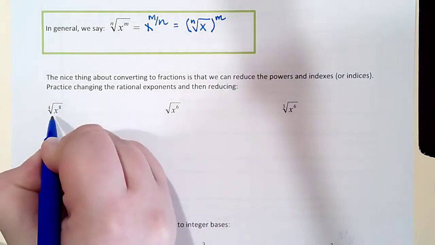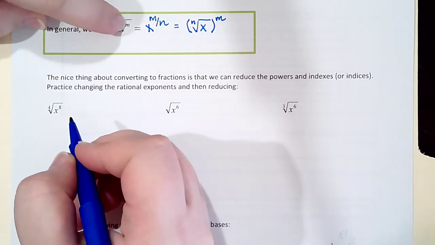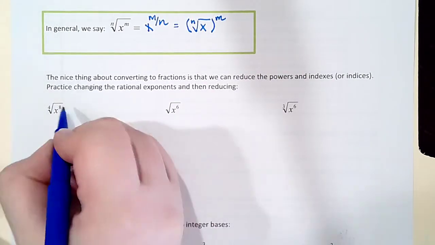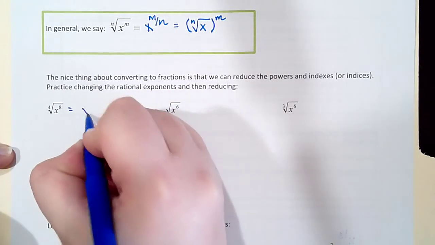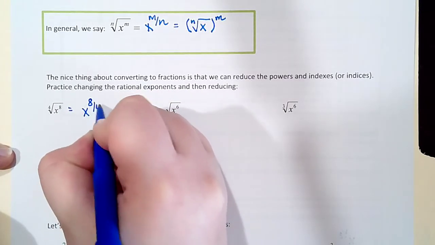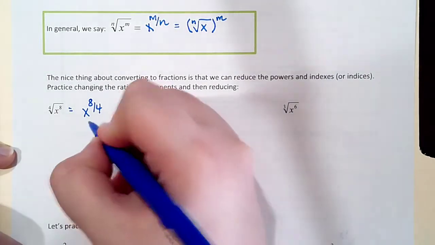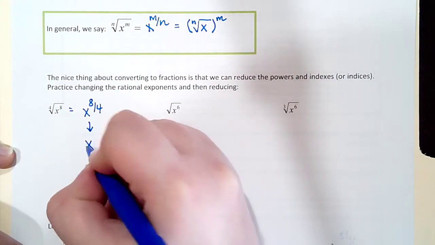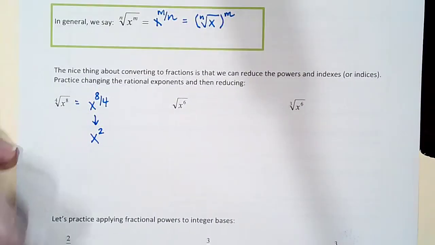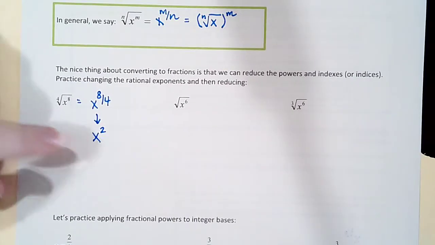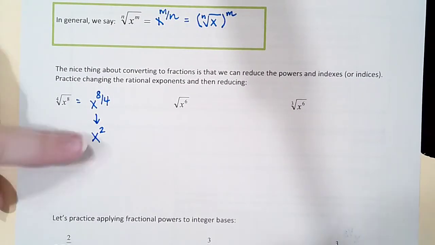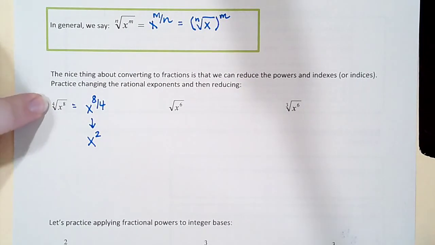So for example, this one, the 4th root of x to the 8th. I turn that into x to the 8 over 4. However, 8 over 4 is quite obviously 2, so I can reduce this to x squared, which looks a lot nicer, sorry about that, nicer than this.